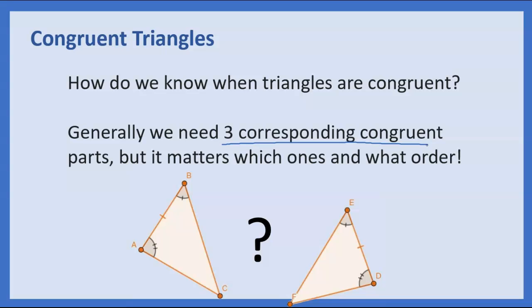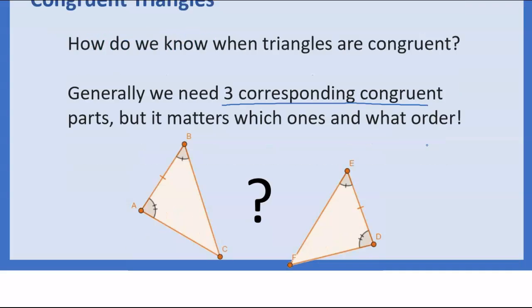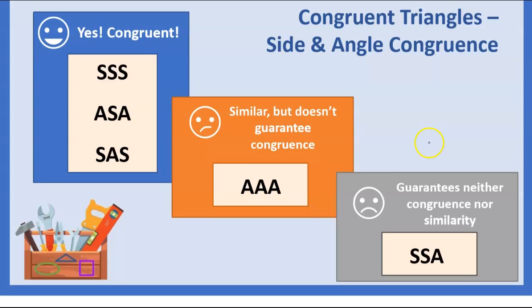But it does matter which ones in what order. So this is a summary of what we found in that lesson. These 3: SSS is side, side, side. ASA is angle, included side, angle, and SAS is side, included angle, side. All 3 of those guarantee congruence.